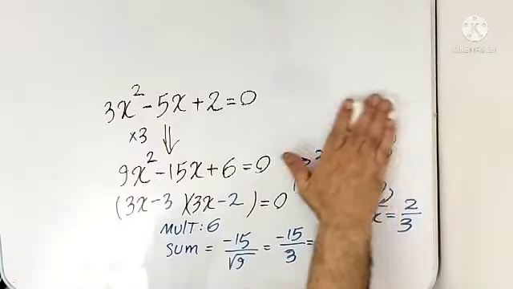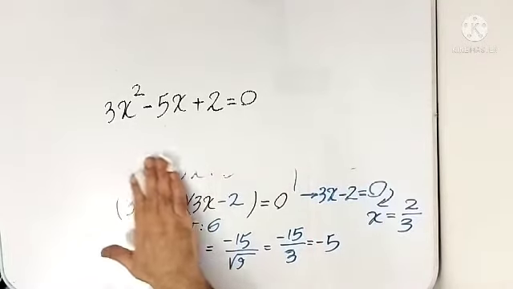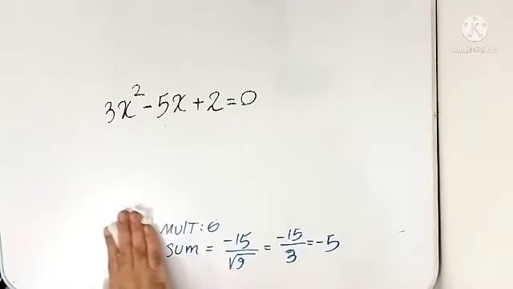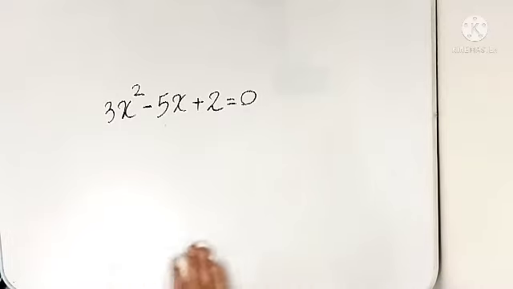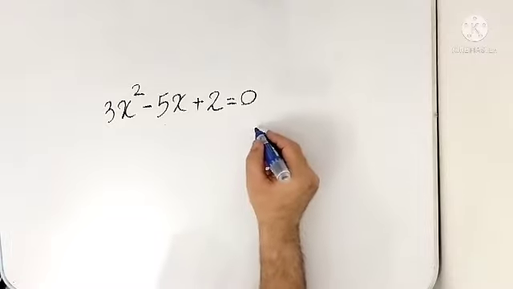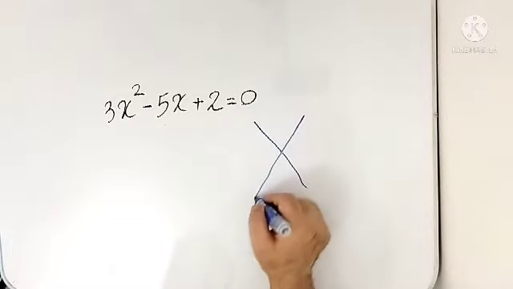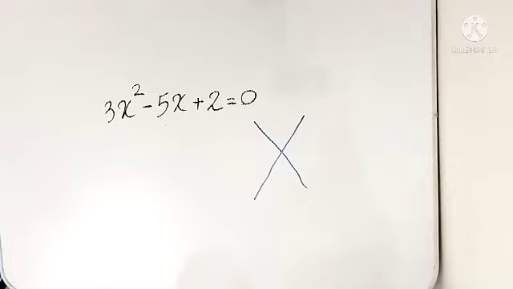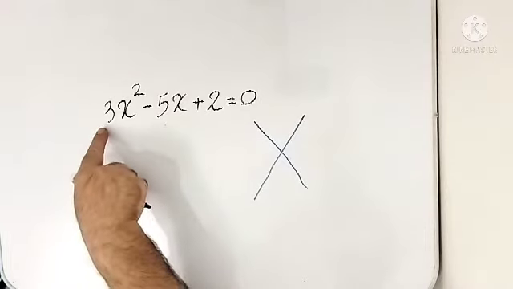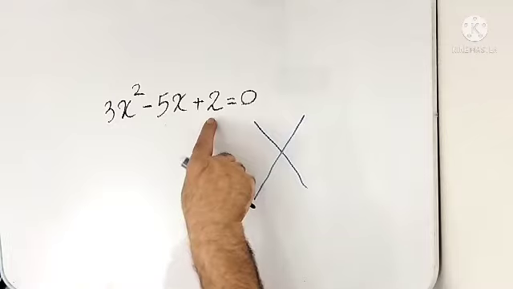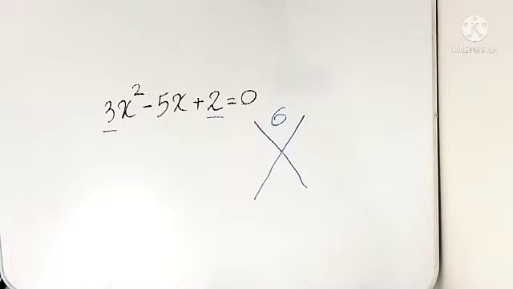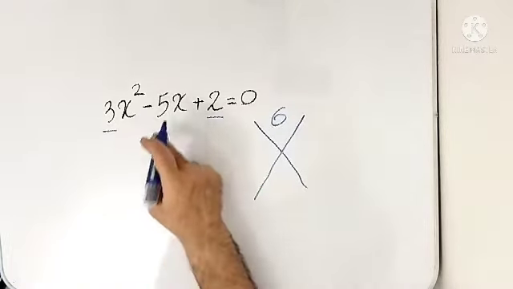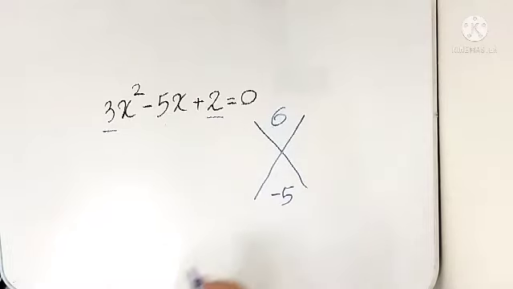Second method, named the Magic X method. In this method, we draw a big X and write A times C in this part and -5 down here.